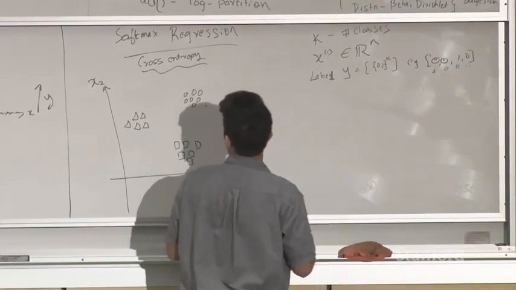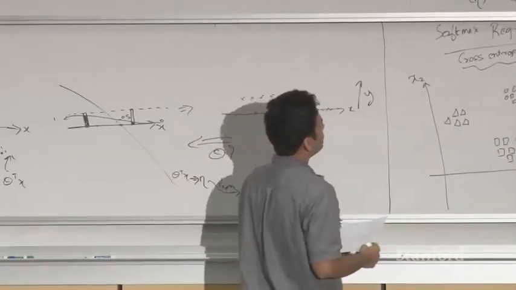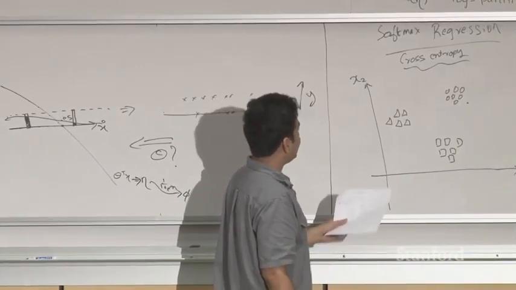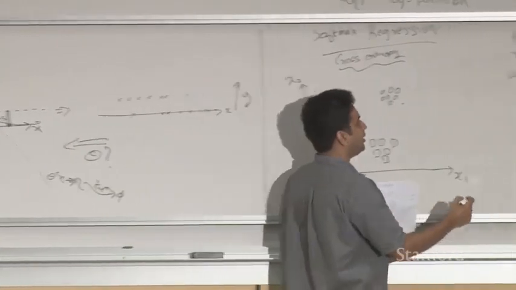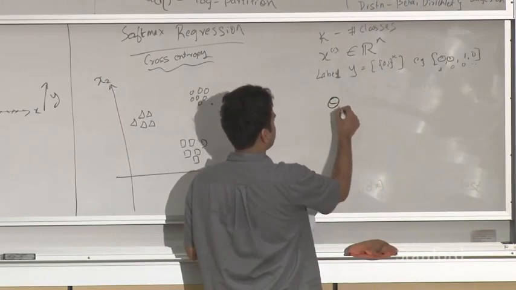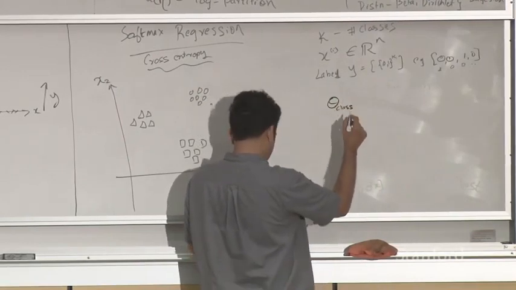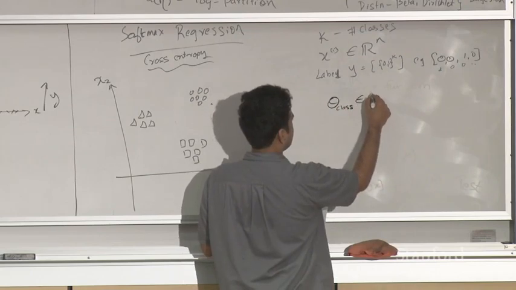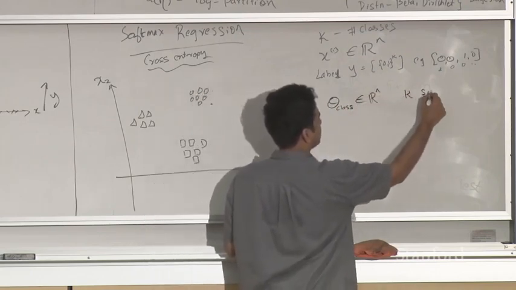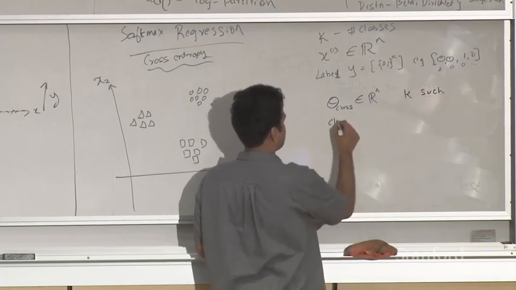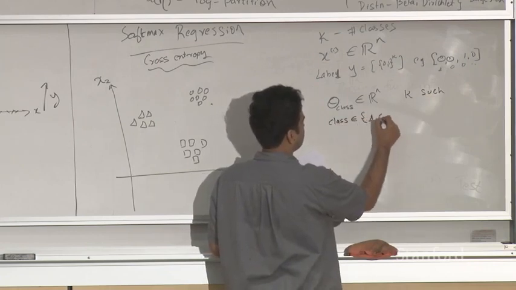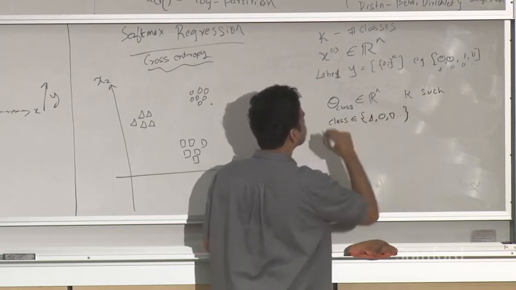And the way we're going to think of softmax regression is that each class has its own set of parameters. So we have theta_class in R^n, and there are k such things, where class is in triangle, circle, square, etc. Right?